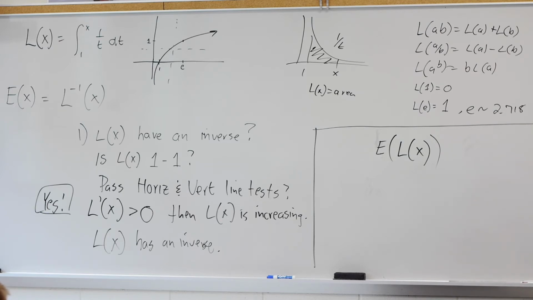Right, I get x back, because E and L cancel each other out, just like square and square root. And in fact, I could also do it in this order. E of L of x equals L of E of x.